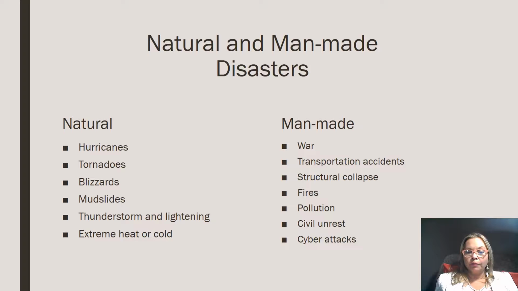A fire could result from lightning out in the west that strikes some very dry land and causes acres and acres of forest fires. That is natural. Man-made, possibly arson or an accident, but still fire can go both ways. So hurricanes.